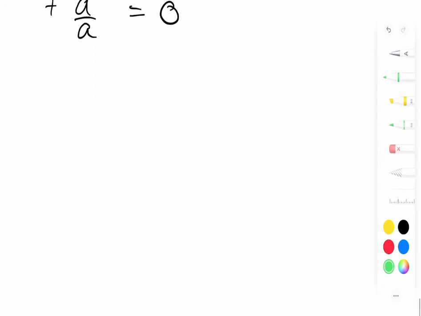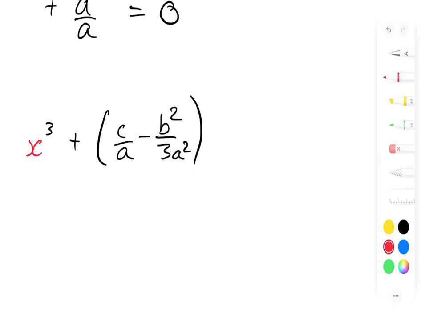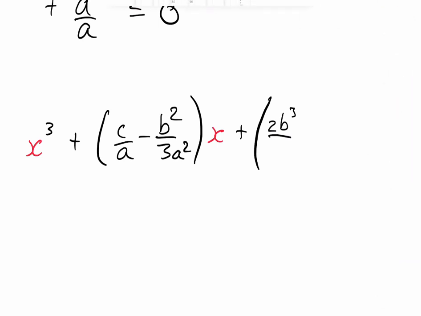Now we're going to factorise this a little, and this will give us what we were originally aiming for: x cubed plus c over a minus b squared over 3a squared times x plus 2b cubed over 27a cubed minus cb over 3a squared plus d over a.